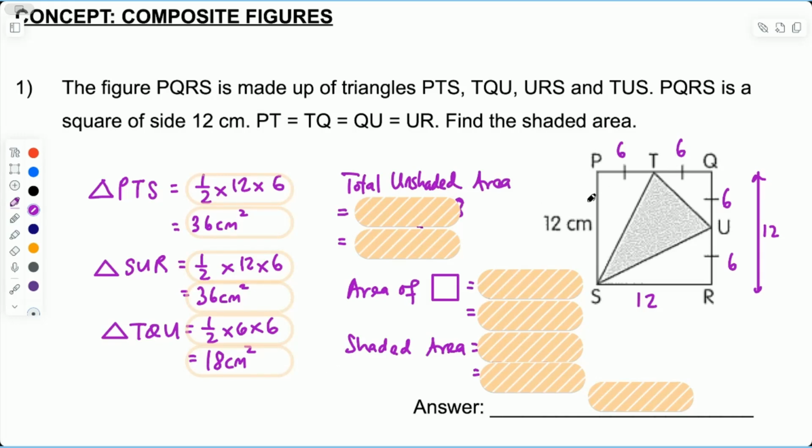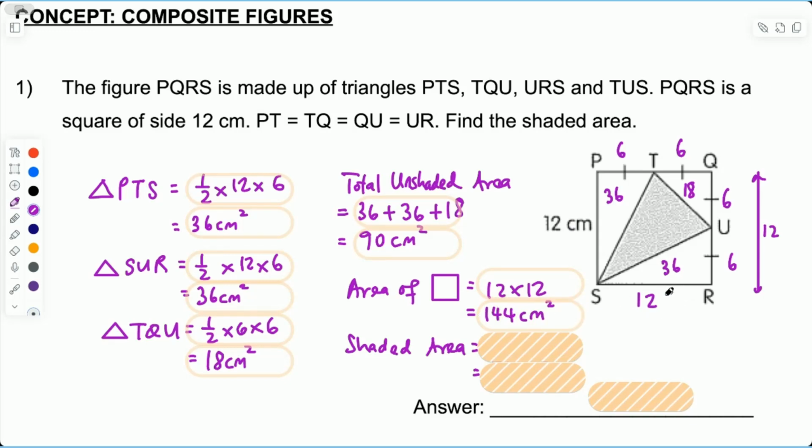The total unshaded area will be 36 plus 36 plus 18, and that gives us 90 cm squared. To find the area of the square PQRS, we take 12 times 12, that gives us 144 cm squared.